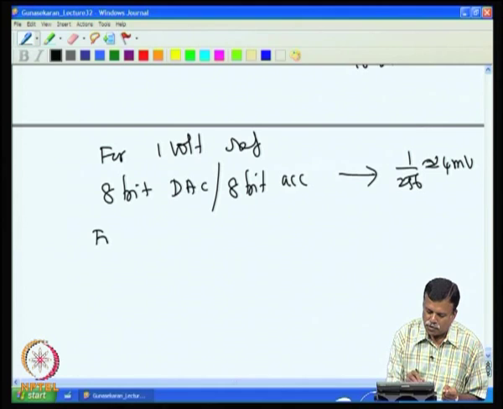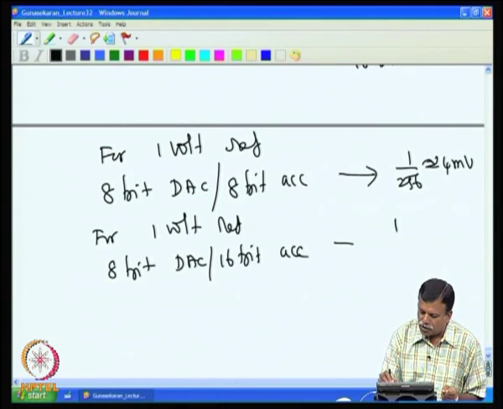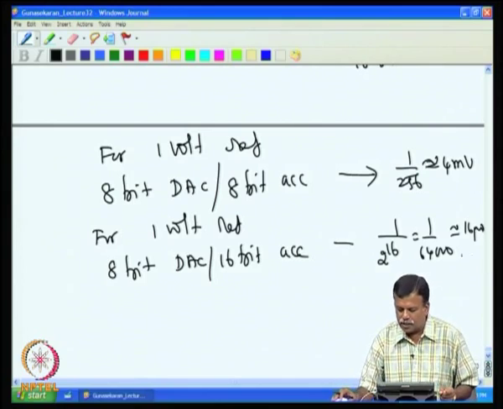For the same 1 volt reference, an 8 bit DAC with 16 bit accuracy, the error will be 1 in 2 power 16, that is 1 in 64,000, which will be roughly 16 microvolt. So, that is the meaning of an 8 bit DAC with 16 bit accuracy.